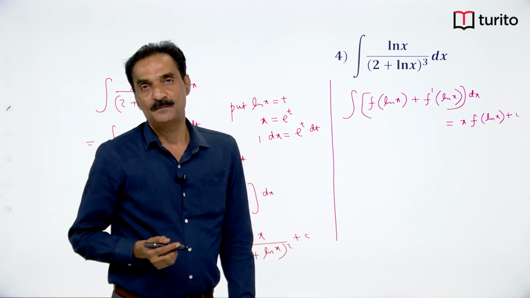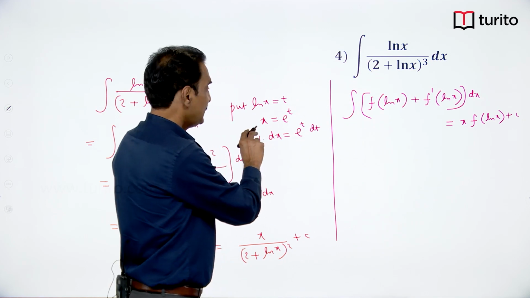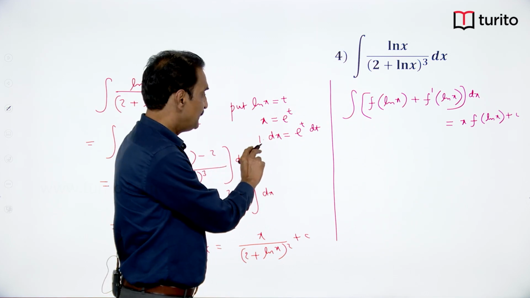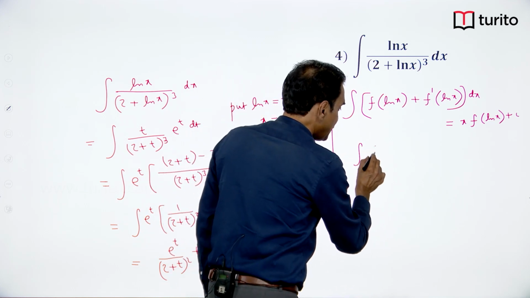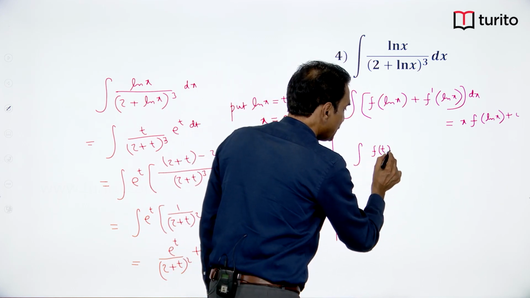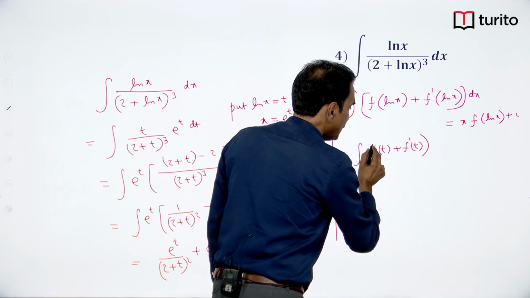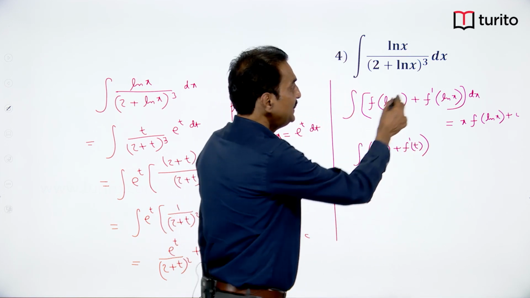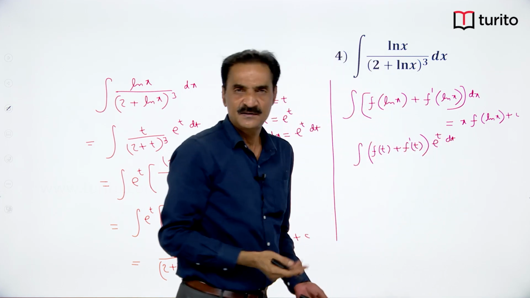Proof is very simple. If you put ln x is equal to t like this, then x will be e power t, dx is equal to e power t dt, then it becomes integral f of t plus f dash t into dx is e power t dt. It is a direct formula.